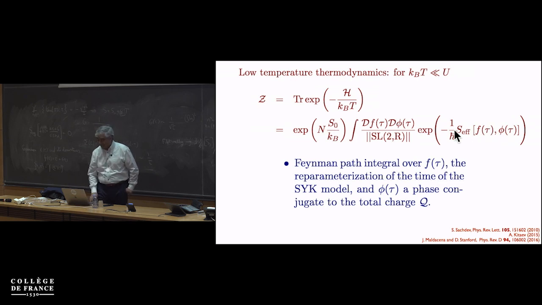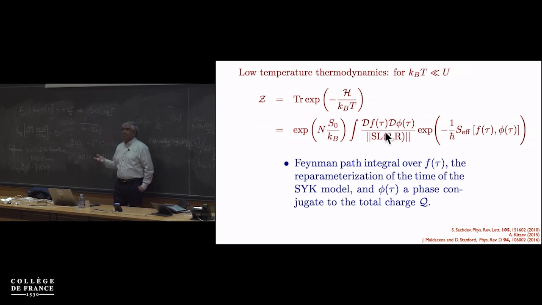Amazingly, this path integral can be done exactly with no further approximation. That was shown by, well, I have not written it down here, Witten and Stanford. A beautiful paper. They use very sophisticated methods: you introduce a Grassmann field to get the measure of SL2R, and then you use the Duistermaat-Heckman theorem.